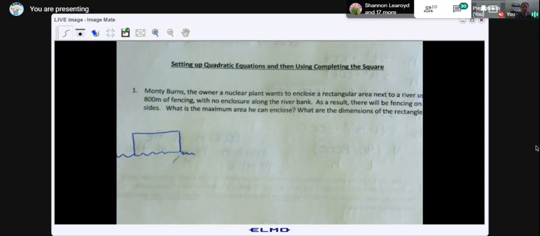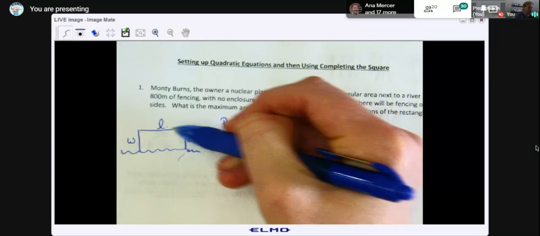So we know there's going to be width and length. If you think back to your perimeter equation from grade 3 onwards, that's going to be the total sides added together. So that'd be width plus length, or perimeter equals 2 times the width plus the length.